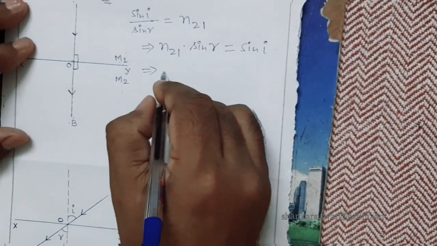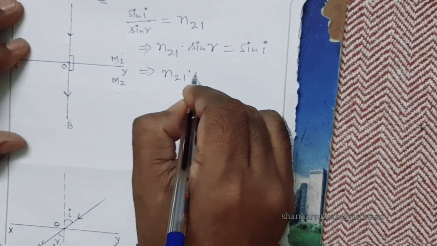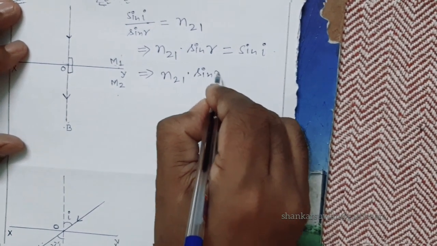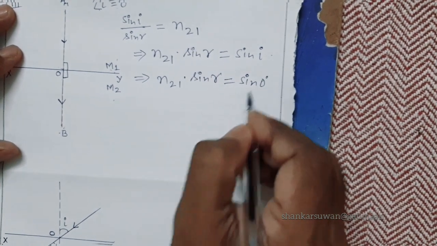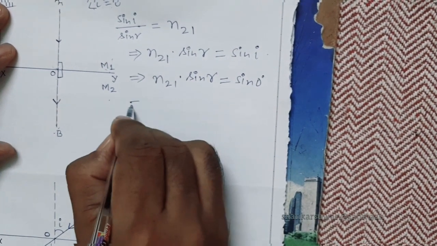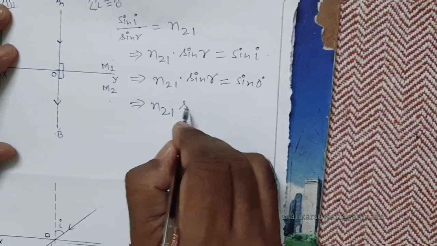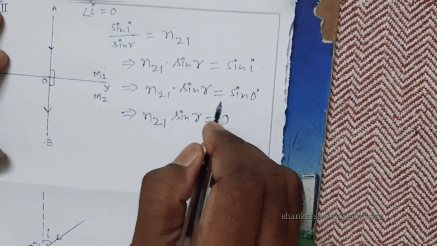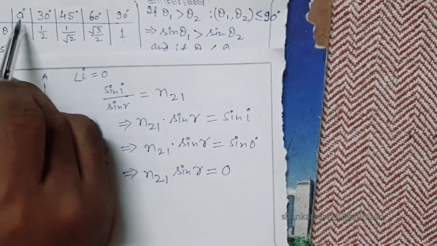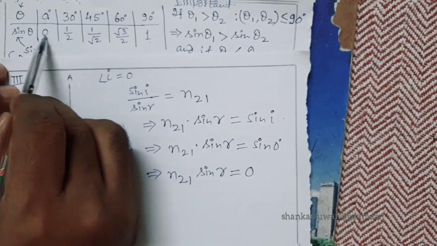So n21 into sin r will be sin 0 degree, implying that n21 sin r is equal to 0. If the angle is 0 degree, then sin 0 will be 0.